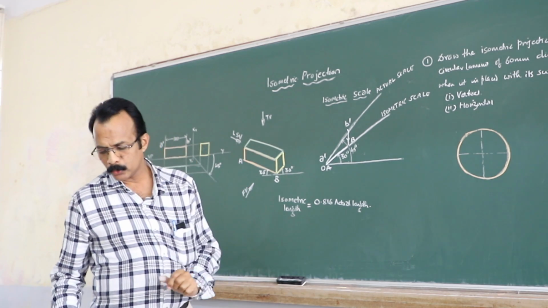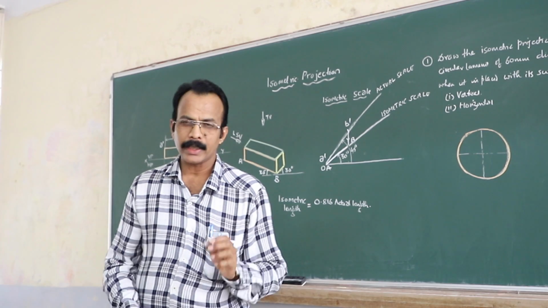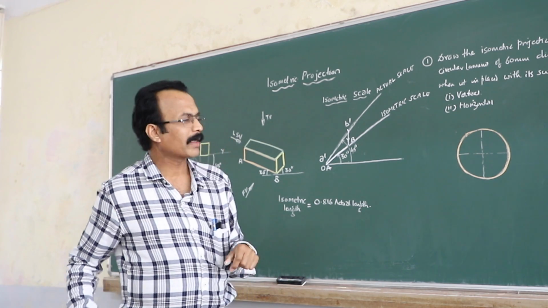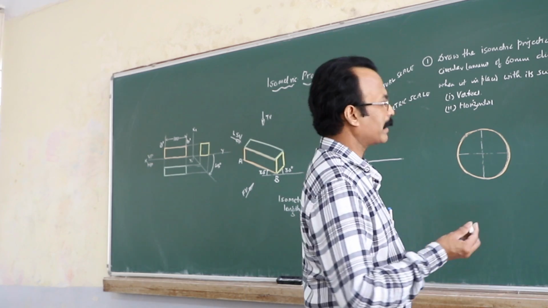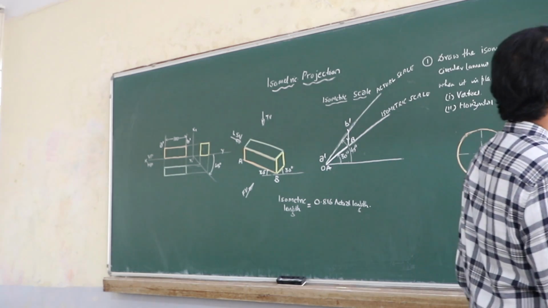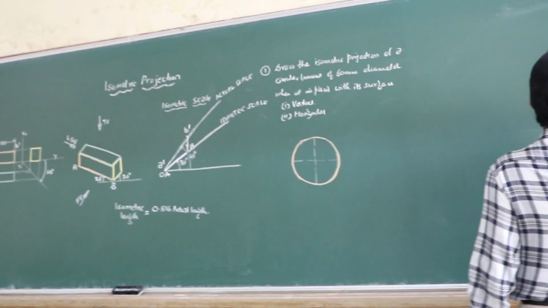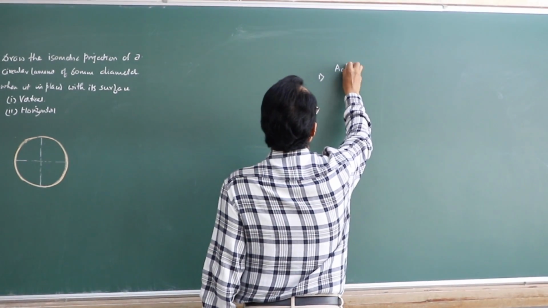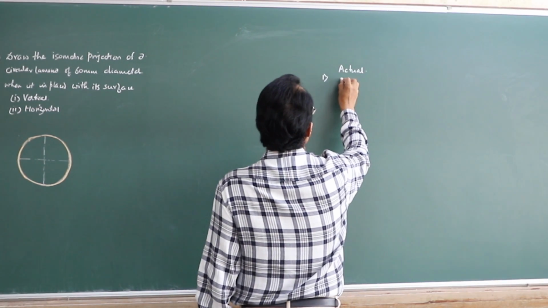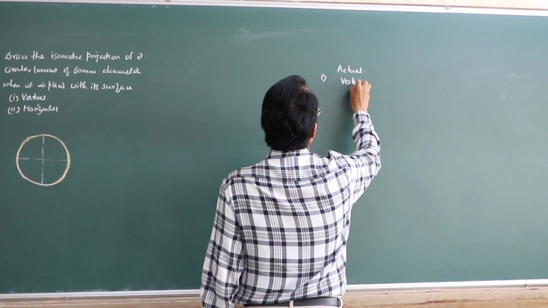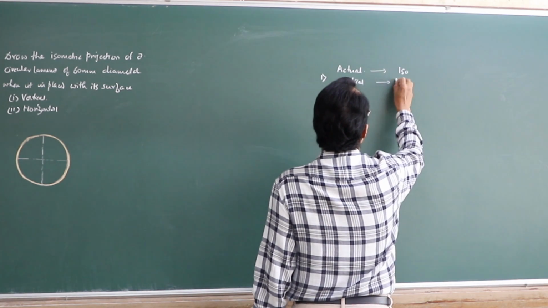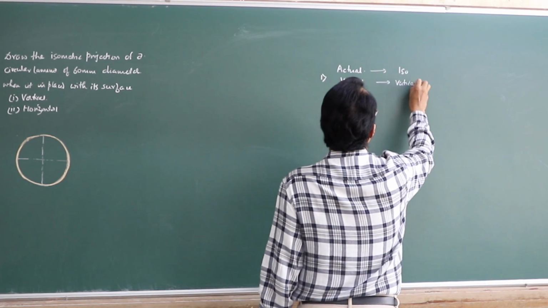So to give you some idea, before going to that, remember these basic things, right? In case of isometric projection, in actual, if a line is vertical, then in isometric it will remain vertical.